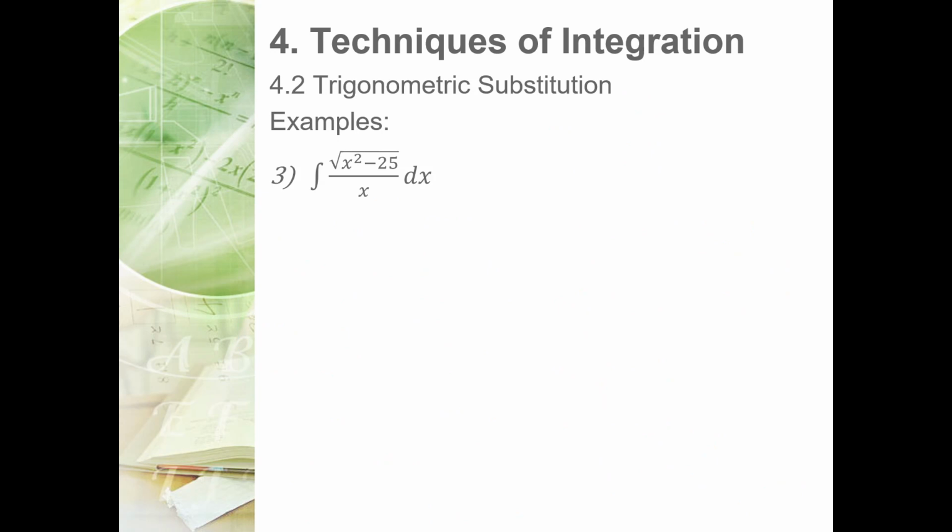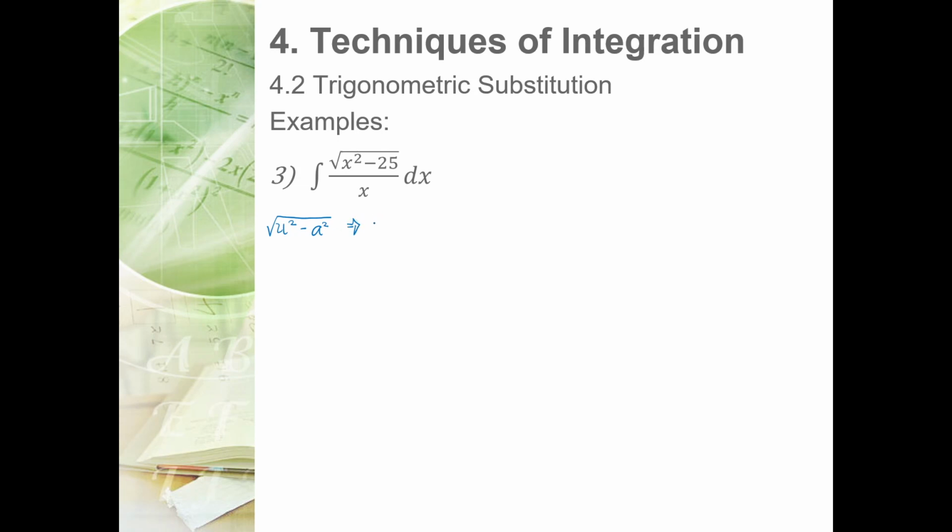Okay, so let's go to example number 3. So as you can see, it's really far from the inverse trig format because the square root is in the numerator. So in this manner, as you can see, the format is u squared minus a squared by observing the square root expression.